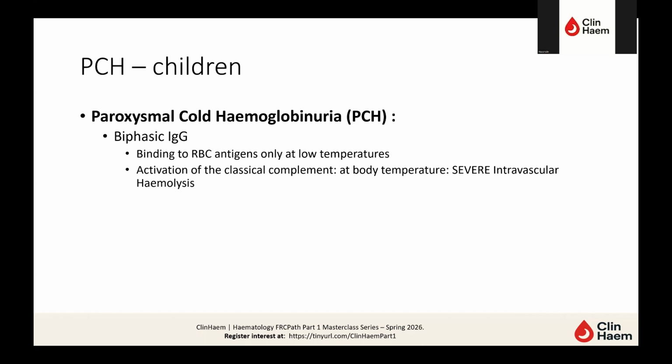So when it comes back into the central circulation, it will become activated, and the activation is a severe activation of the classical complement pathway, which is, as you see, totally unlike IgG. IgGs don't normally do that, but anyhow, and this will cause severe intravascular hemolysis. This usually happens a week or two after upper respiratory tract infection in children, and it's usually transient. Once the infection settles, after a few weeks, this problem settles as well.